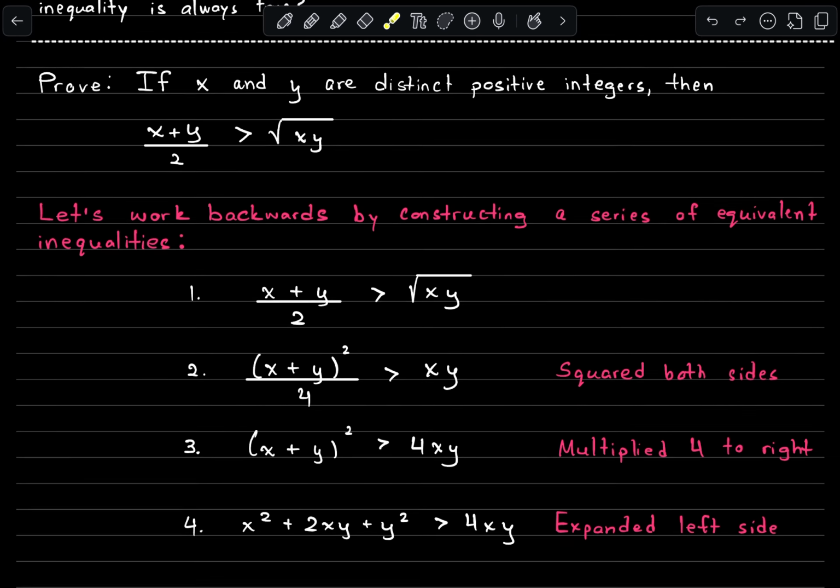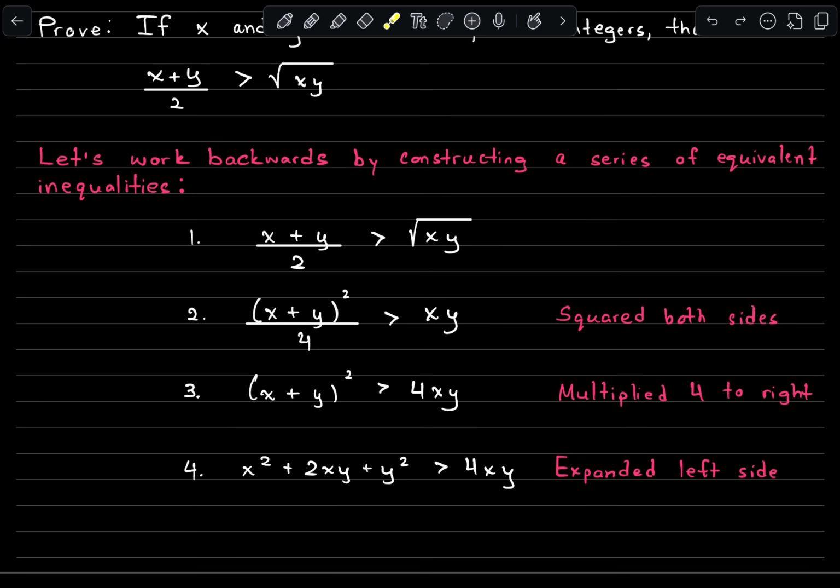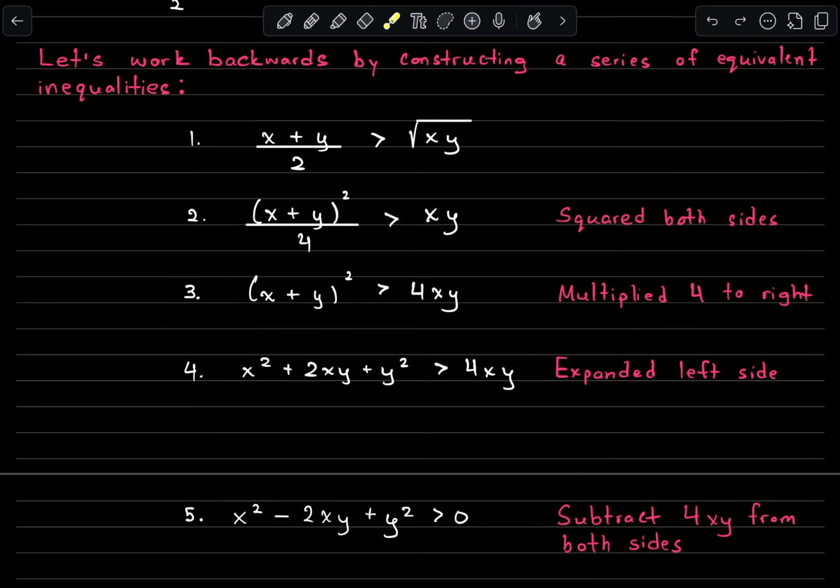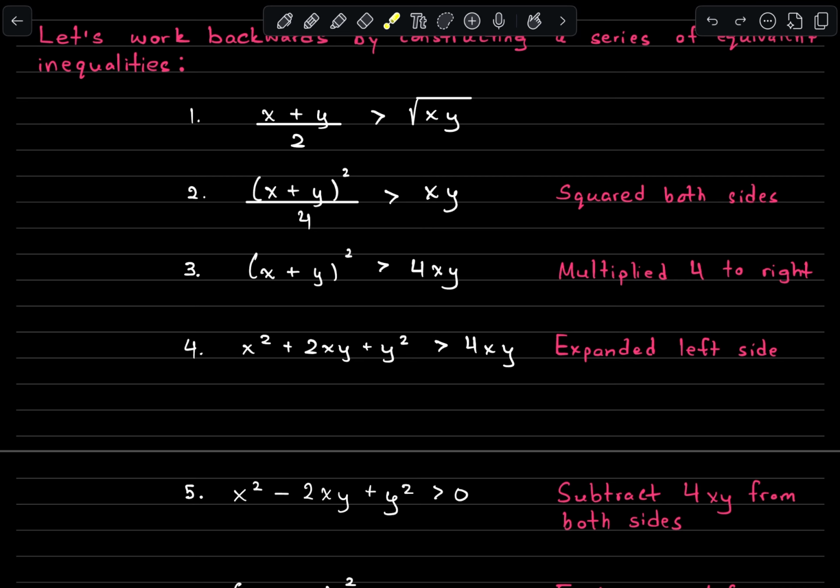All we're doing is expanding that left side. Let's bring over this 4xy to the left side. We'll subtract 4xy from both sides. That'll leave us with 2xy minus 4xy, which is negative 2xy.